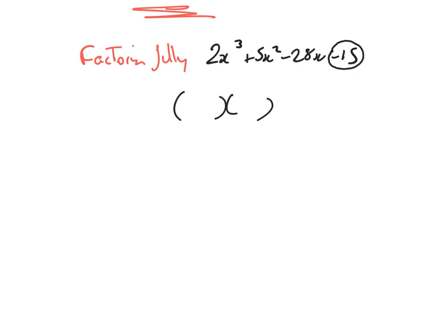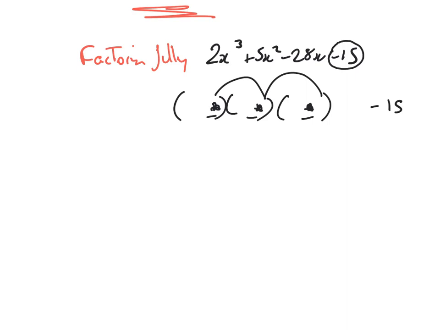If we've got a series of brackets, then the last term will be a result of multiplying the last terms in the brackets together. And for that to be a minus 15, these numbers in here would need to be factors of 15.